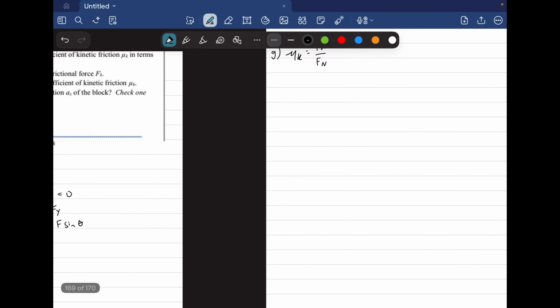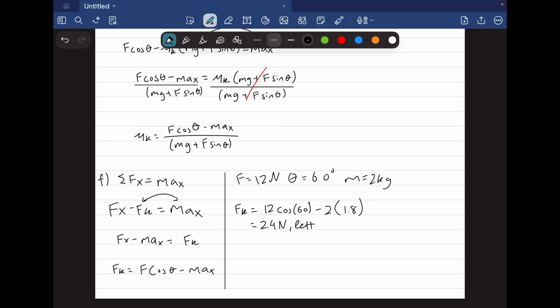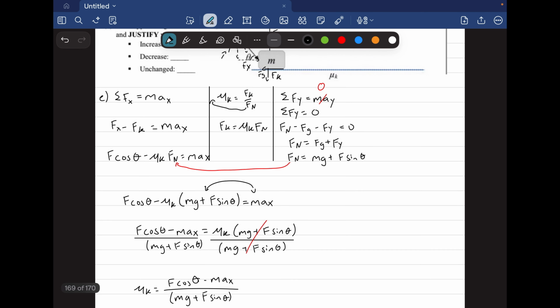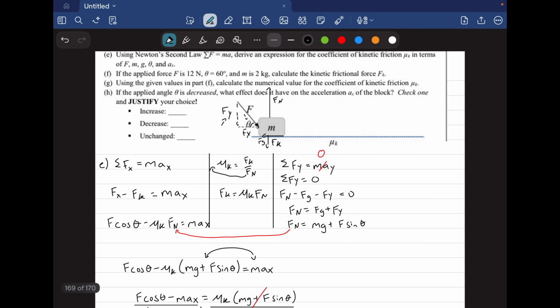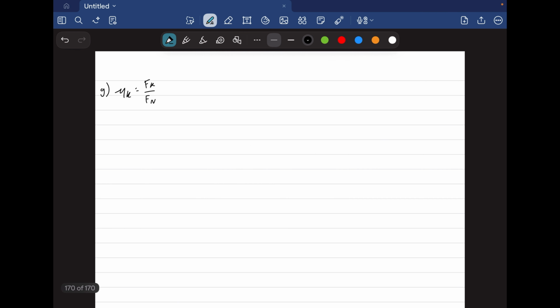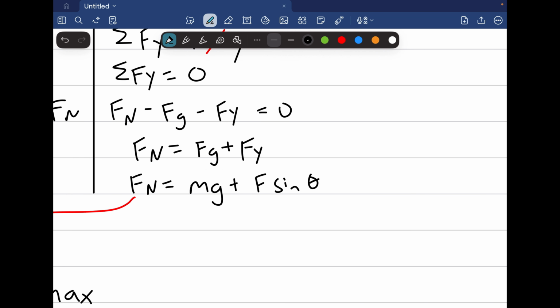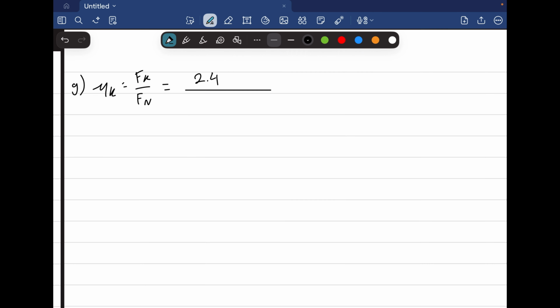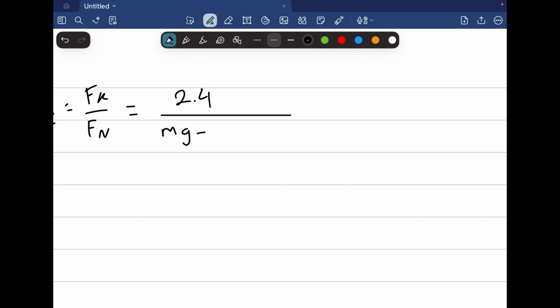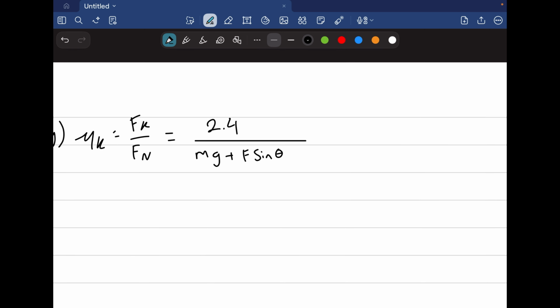And in the last problem, we found Fk to be 2.4 Newton, because we're using the same values as in part F. So 2.4 all over Fn, and we learned in part E that Fn is equal to mg plus F sine theta, right? So we have this equation for mu k.